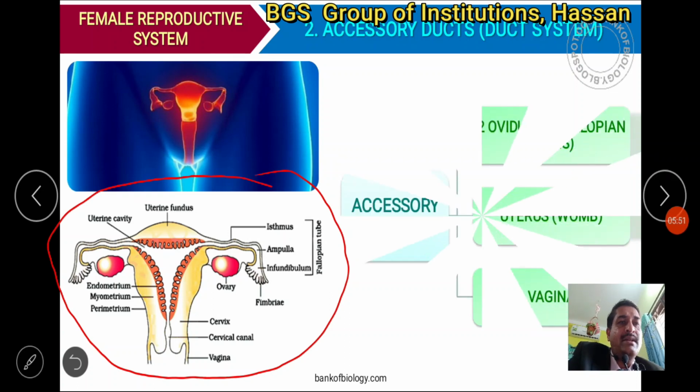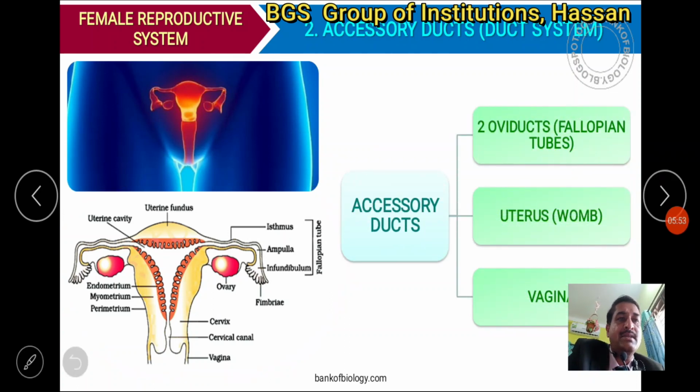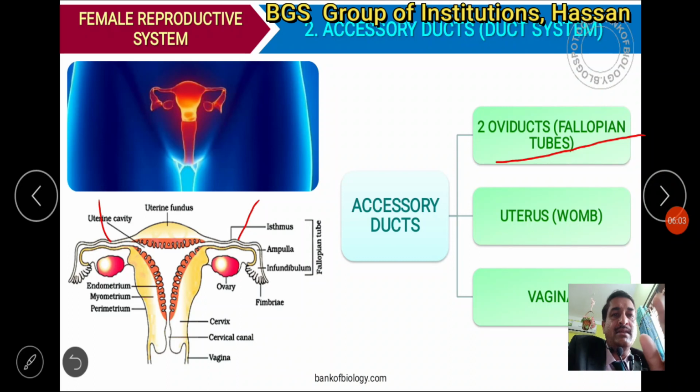In this part, accessory ducts, the first one is the oviduct or fallopian tube. There are two oviducts, here this one and this one. Then the uterus or womb. This part is called the uterus.